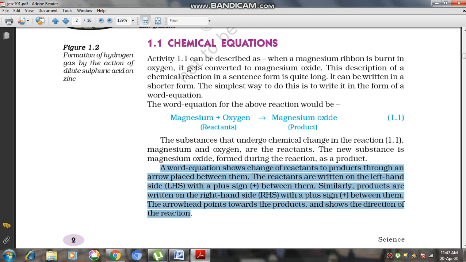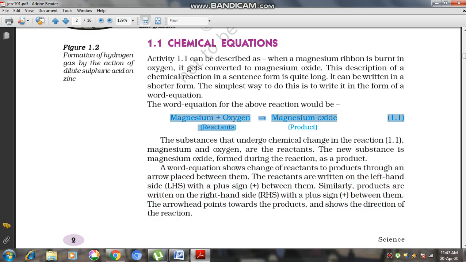A word equation shows the change of reactants to products through an arrow placed between them. The reactants are written on the left hand side, and the product is written on the right hand side. On the left hand side there are two different reactants, magnesium and oxygen, with a plus sign between them.